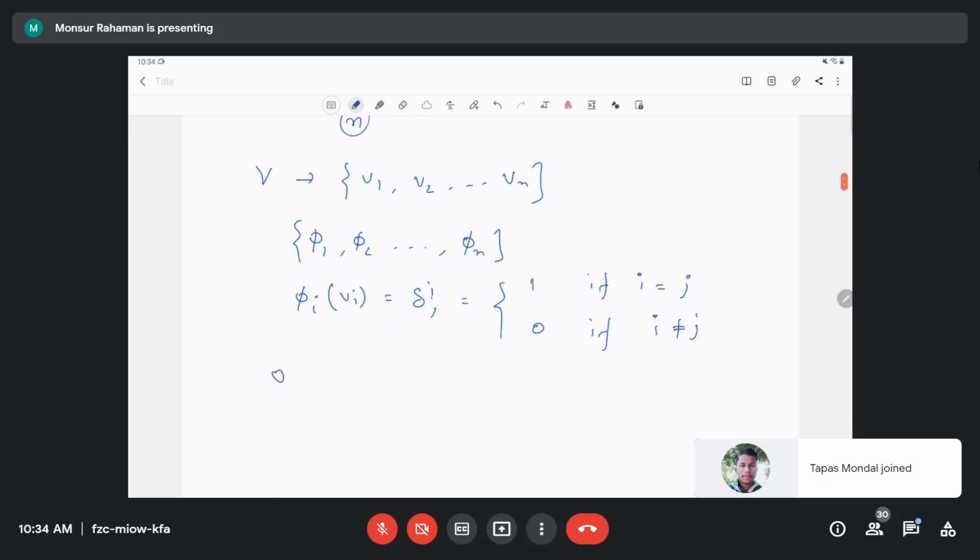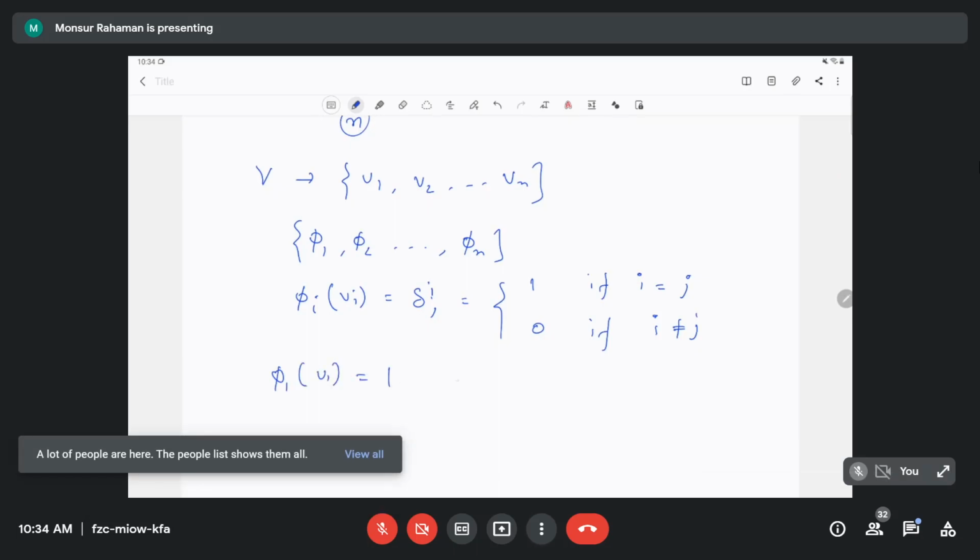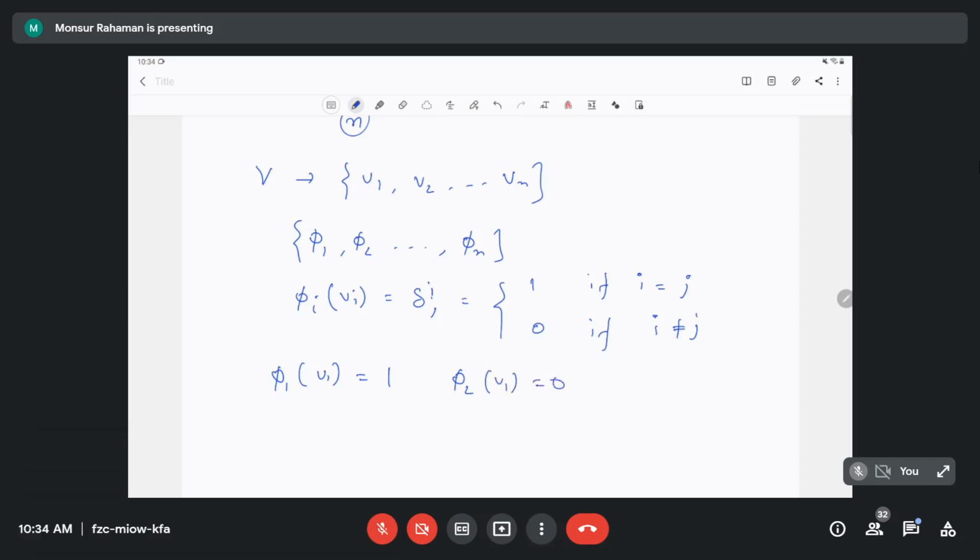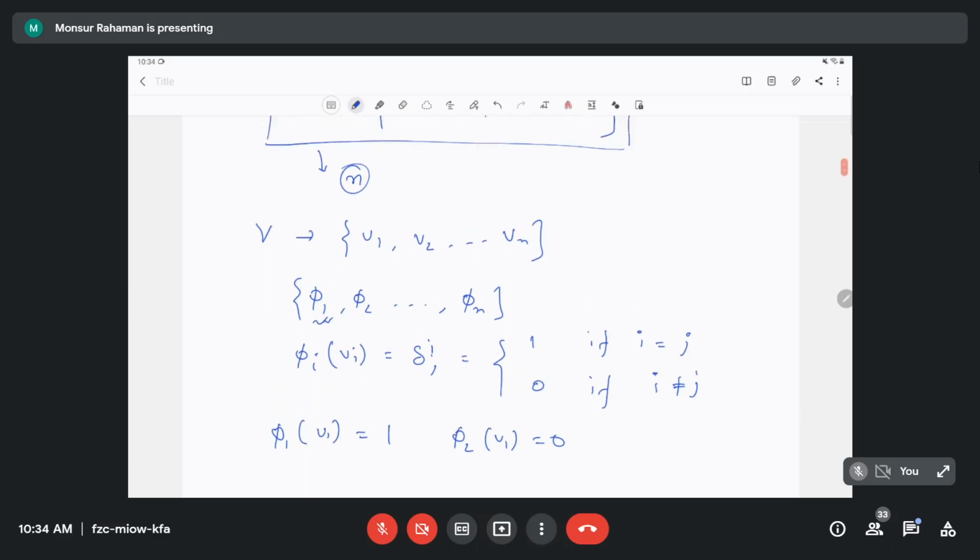Means if you pass V1 to phi 1, it will be 1, otherwise phi 2 of V1 will be 0. Okay, so in this way you can find these linear functions.